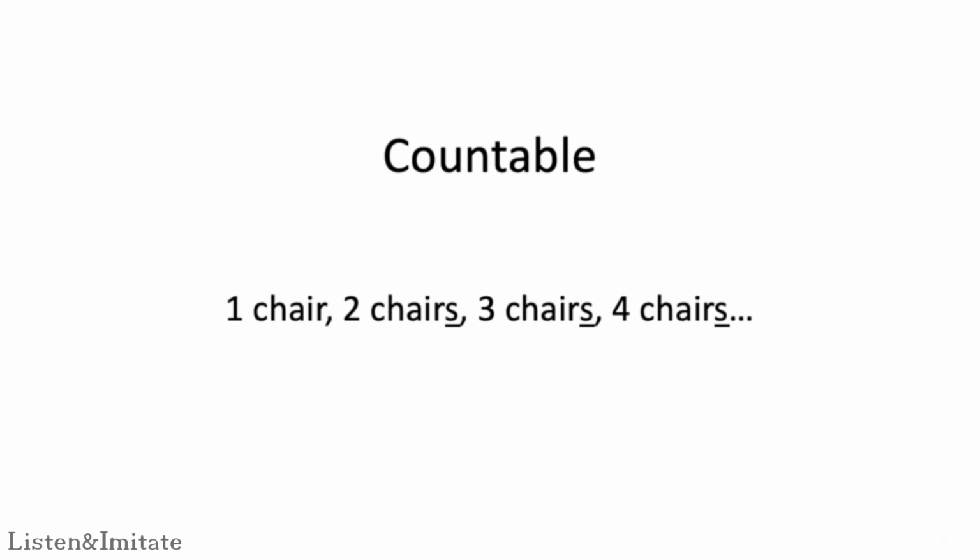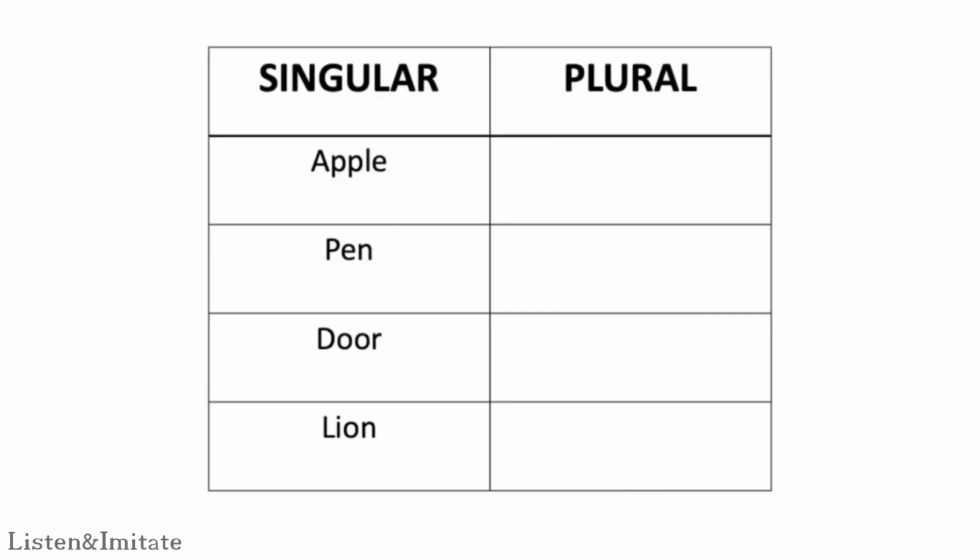For example, 1 chair is singular. 2 chairs, 3 chairs, 4 chairs, and so on are plural. Now, it's your turn. Can you make the plural forms of these countable nouns? Apple, pen, door, lion.